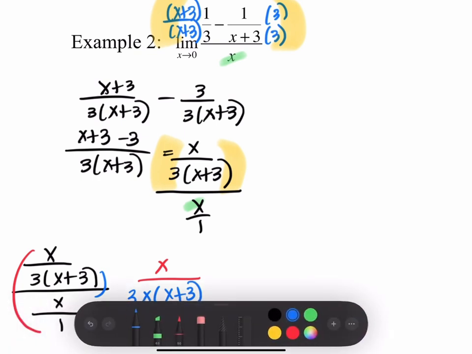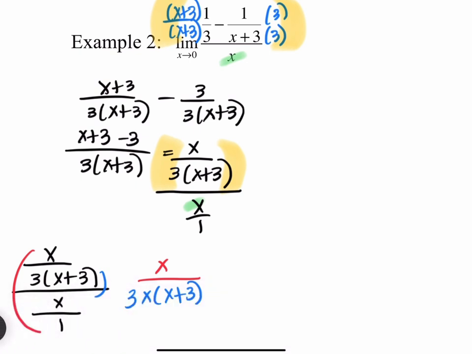And again, because I have an x on the outside that is not bound by addition, it's being multiplied, I am able to simplify the x on the top and the bottom. And so that leaves me as a final expression with 3x plus 3 on the denominator. Be really careful. Whatever is in the denominator, keep it in the denominator. You can't rewrite stuff. So now I'm ready to evaluate my limit, and I'm doing this as x approaches 0.